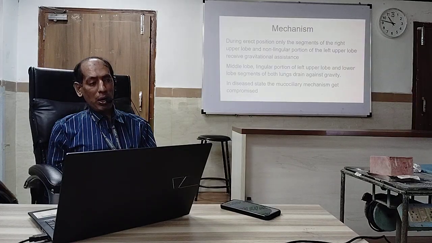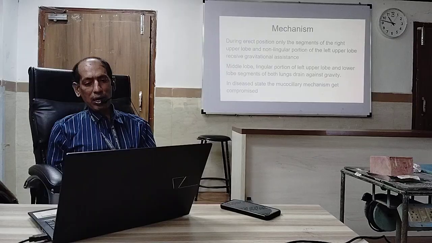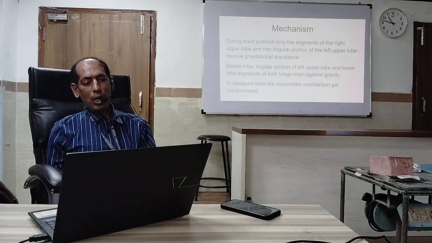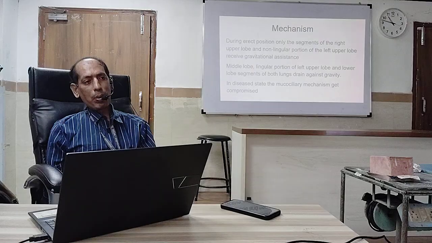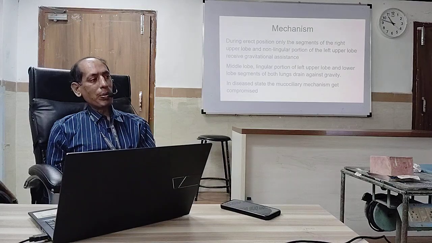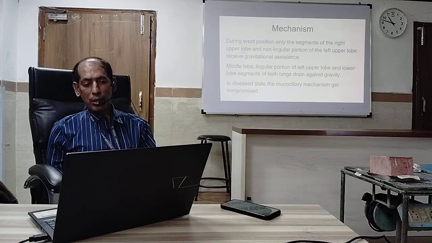But the middle lobe of the right lung, the lingular lobe of the left lung, and the lower lobe segments of both lungs are draining against gravity. So in such a case, when the mucociliary mechanism is compromised, you have to position the patient in such a manner. So, how will you position?